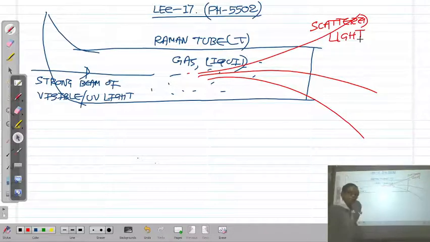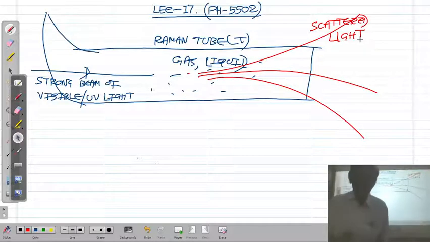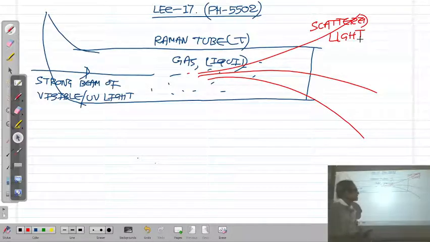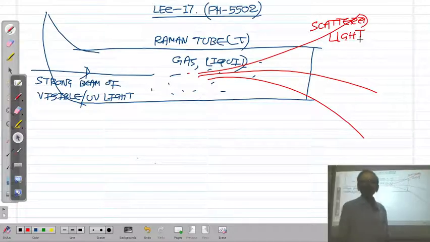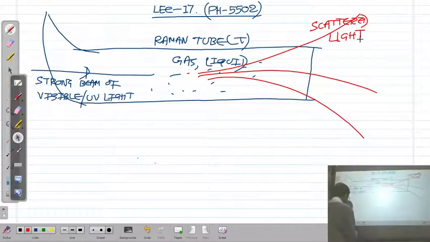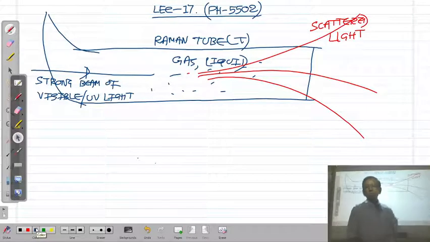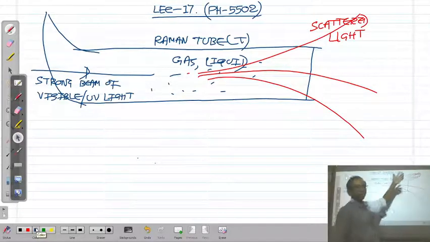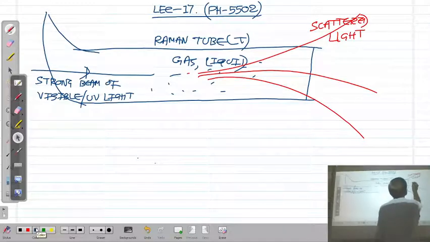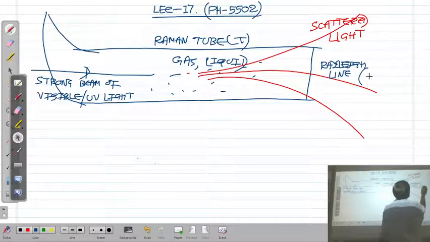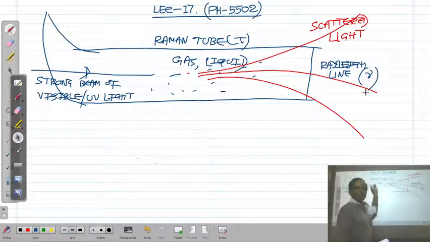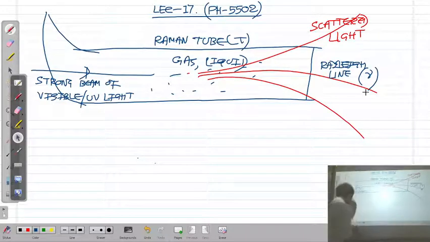If you study the spectrum of the scattered light, it contains three types of lines. One line has the same frequency or wavelength as that of the incident light, and that is called the Rayleigh line or exciting line.